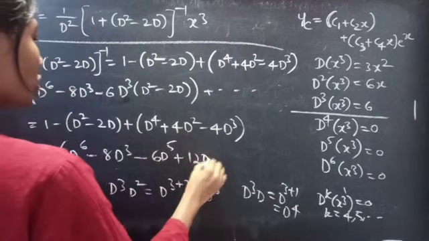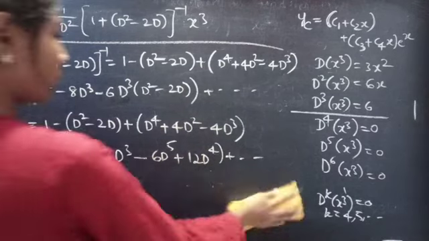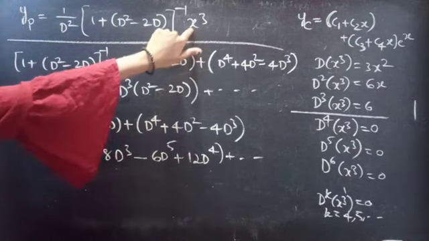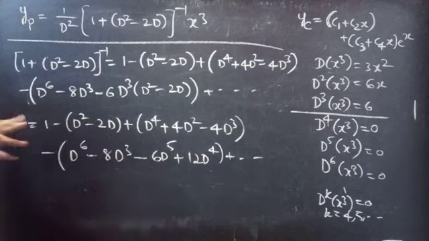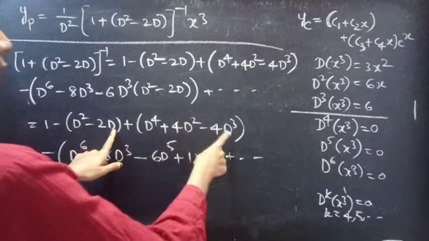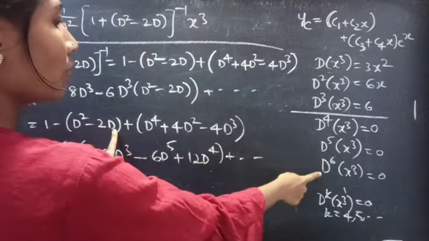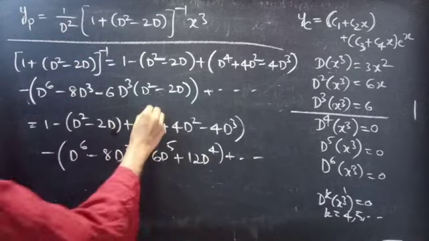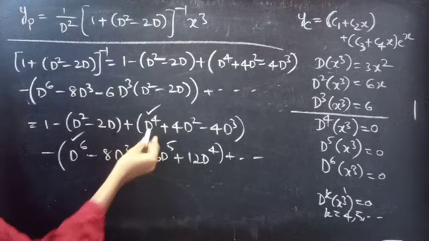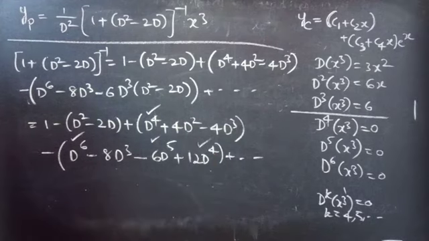You'll get 12d⁴ plus so on. Now, we know that while operating x³ on all this, we have values for the cube, d², d and d³, right? We don't have values, we'll get zeros for d⁴, d⁵, d⁶ and so on. So you can neglect the higher powers from 4, right? So you can neglect d⁴, d⁵, d⁶ and d⁴, right?